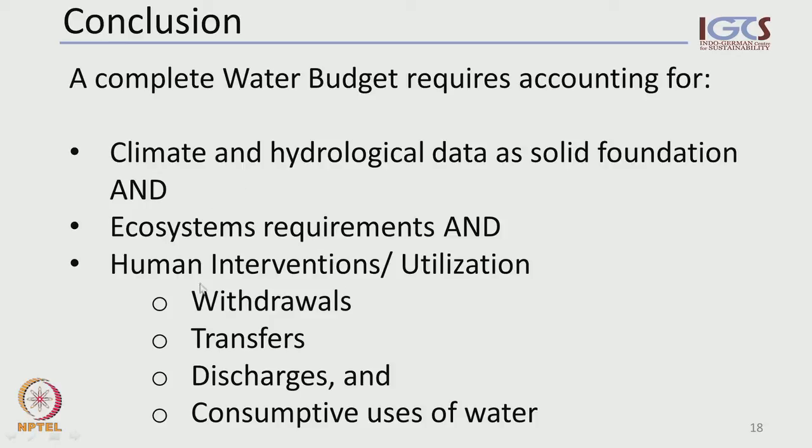All of this makes up our water budget, far beyond the hydrological models that we have been talking about in our previous class. And at this point, I want to stop, and next time we will be talking about water availability, following up on our water budget discussion today.